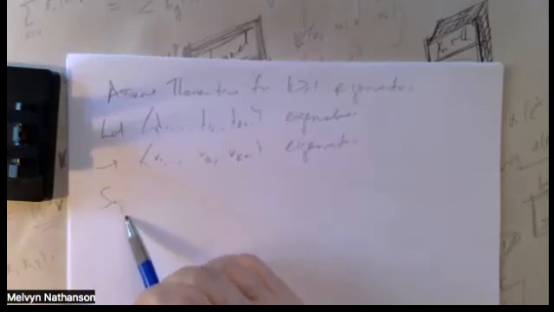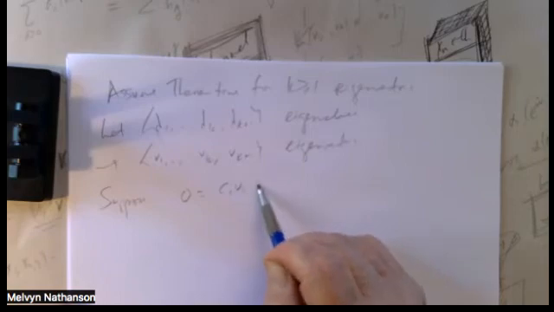And we want to show this set of k plus 1 eigenvectors is linearly independent. So suppose we can write 0 as a linear combination of these vectors. I must show that the ci's are equal to 0 for all i.